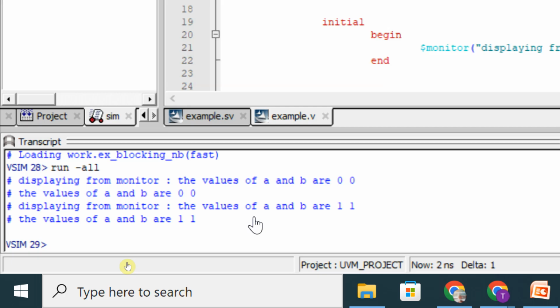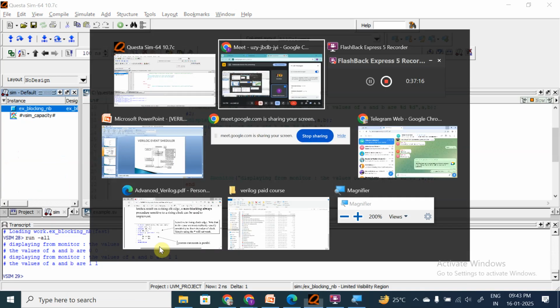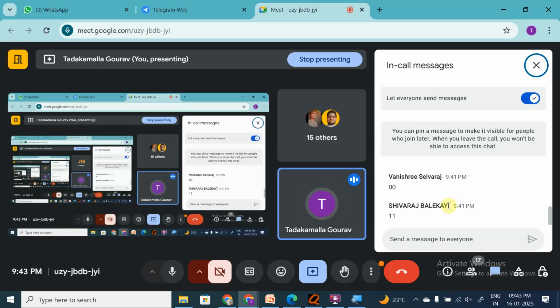Here, initially we are assigning A and B to 0, 0, and after that, we are changing it to 1 and 1 after some time unit. So it is being monitored parallelly and displayed. Is it clear for everyone?